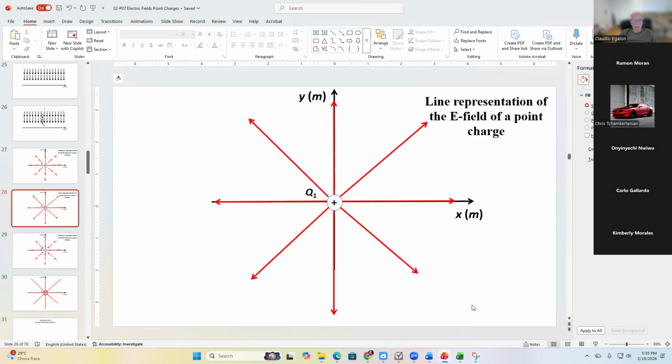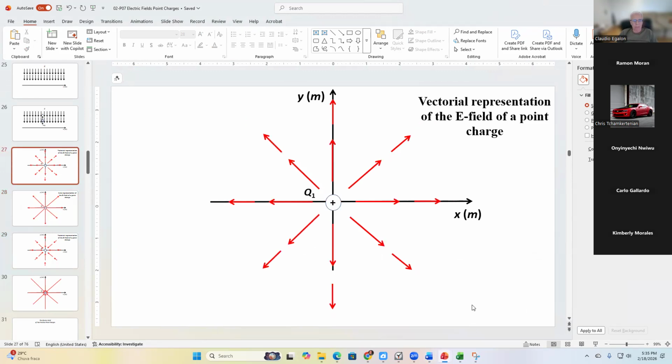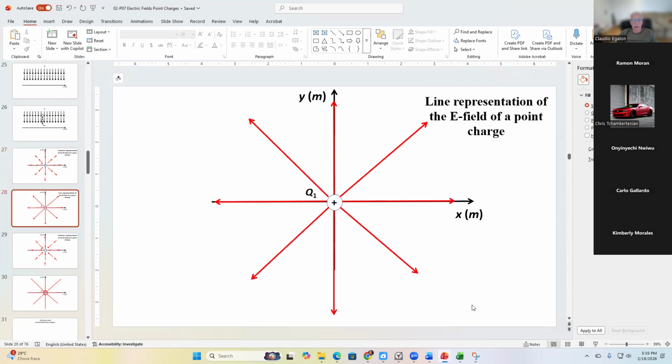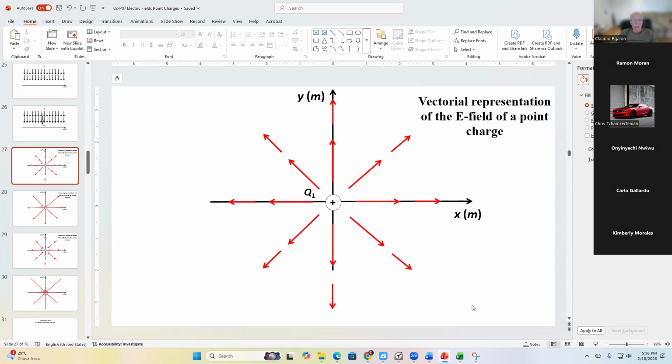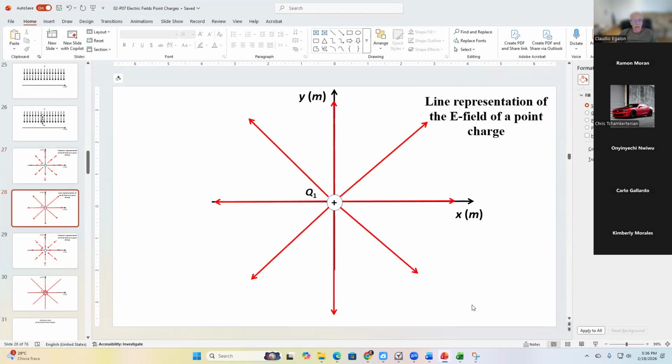The other way is representing it in this way, like lines that don't interrupt themselves, okay? Again, this is the vectorial representation of the field. Here's the line representation of the electric field. Instead of drawing several arrows, you just draw continuous arrows.